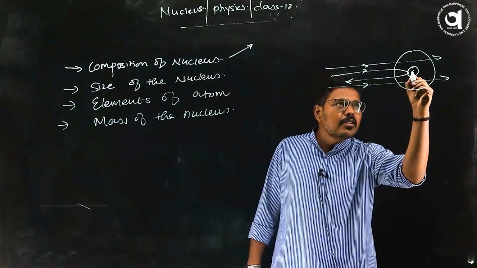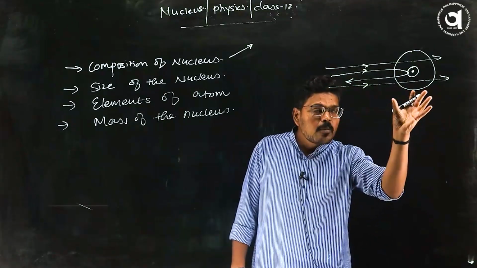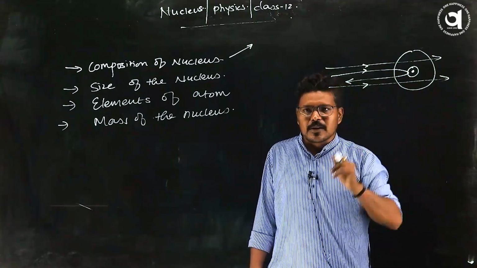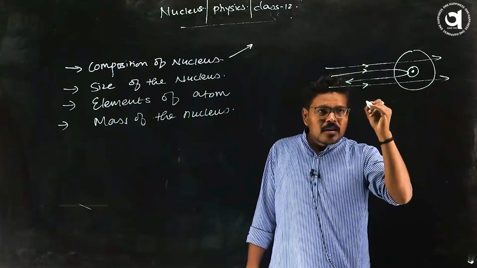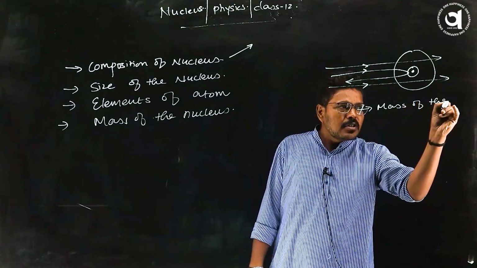From this, Rutherford said that in the center of the atom there is something which is very heavy, and most of the mass of the atom is situated at the center.